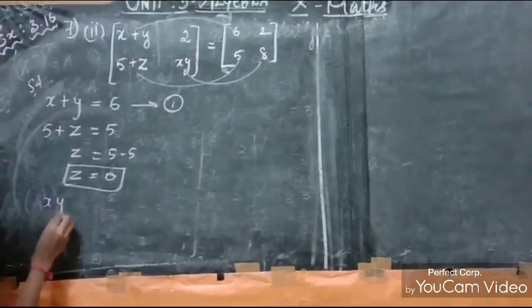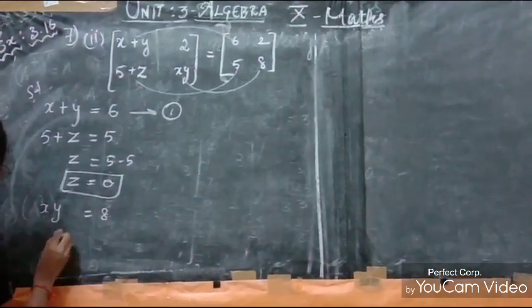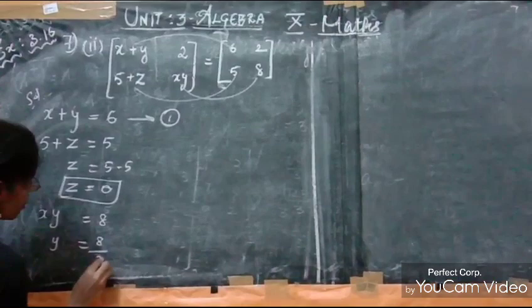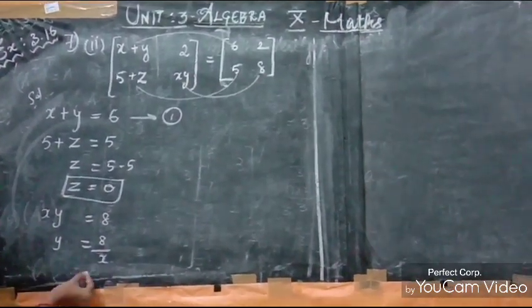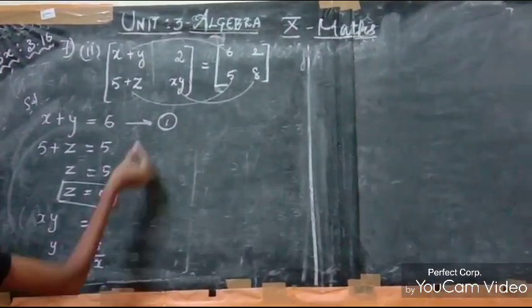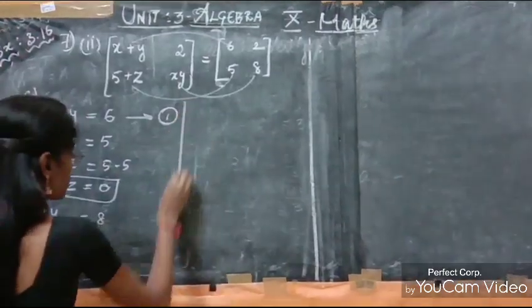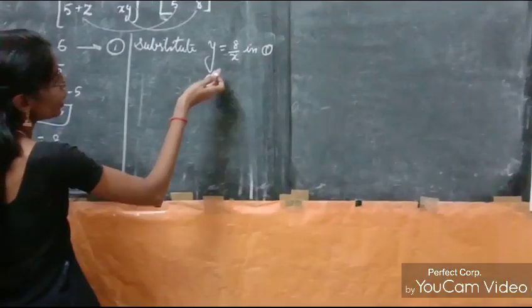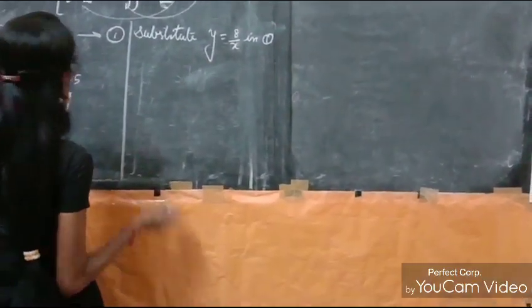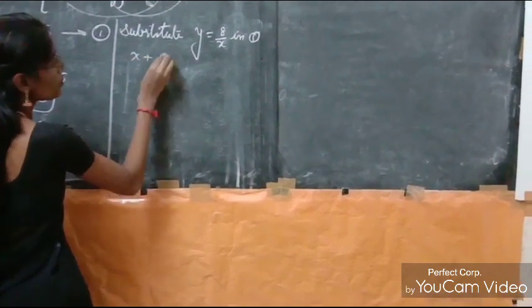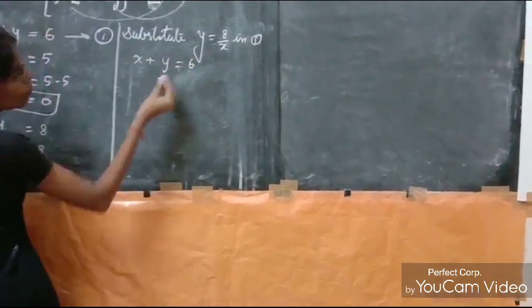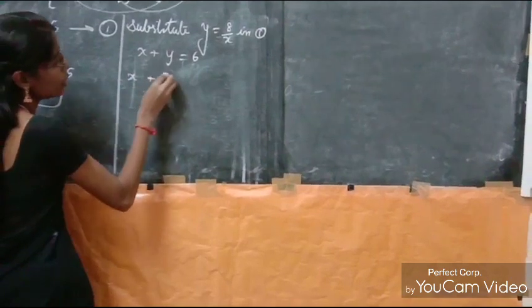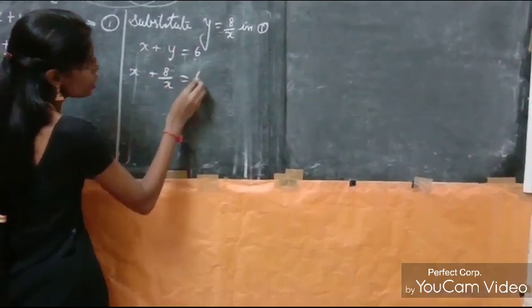xy is equal to 8, so y is equal to 8 by x. Substitute this y value in the first equation, x plus y is equal to 6. X plus 8 by x is equal to 6.